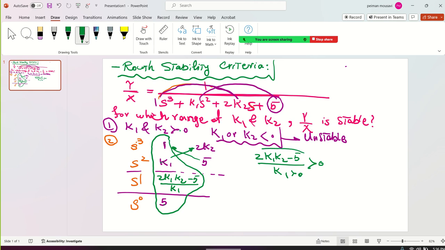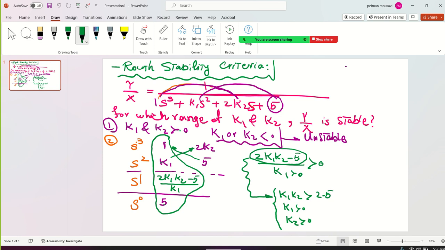So k1k2 must be greater than 2.5, 5 divided by 2. So the condition of this system with these parameters is that k1 is positive, k2 is positive, and k1 times k2 is greater than 2.5.